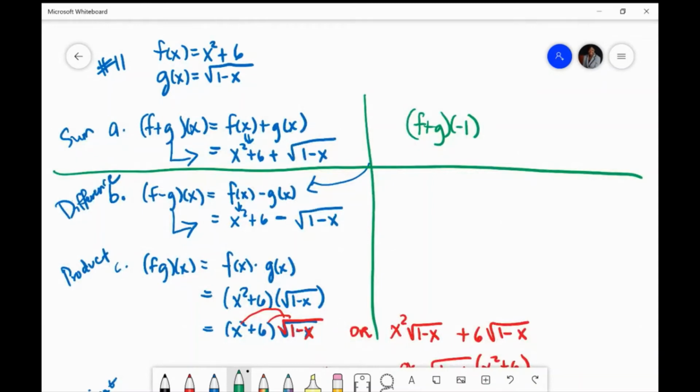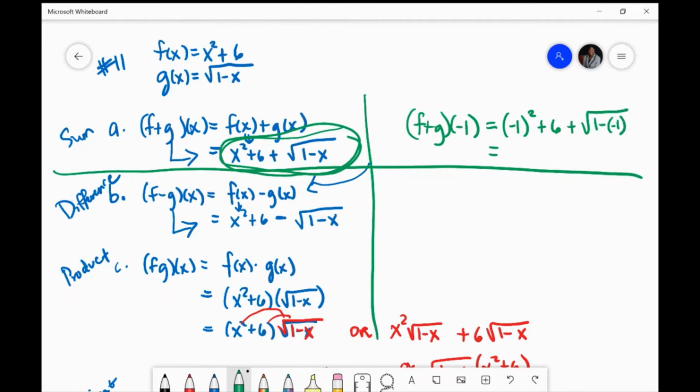So it'll be -1 squared plus 6 plus the square root of 1 minus -1. So you're plugging into this, right? Very good.